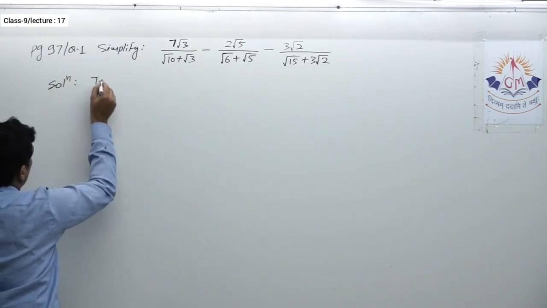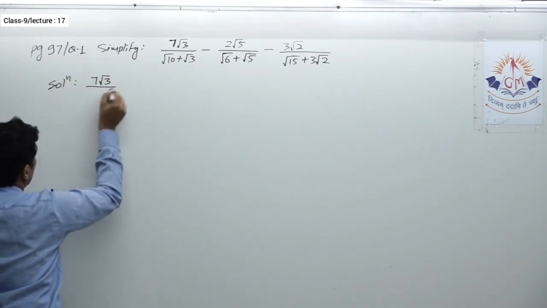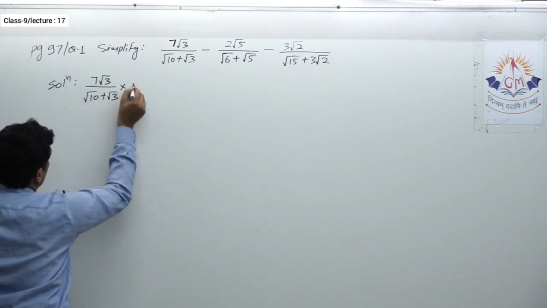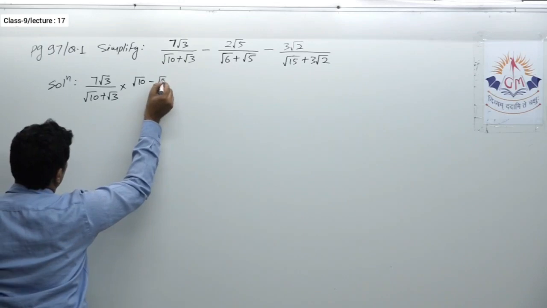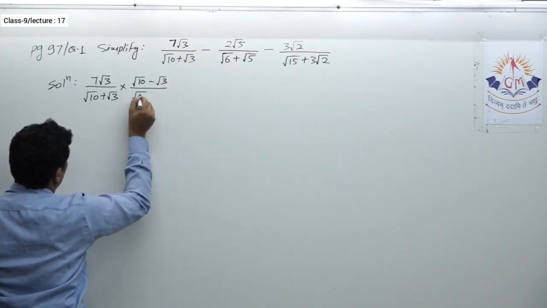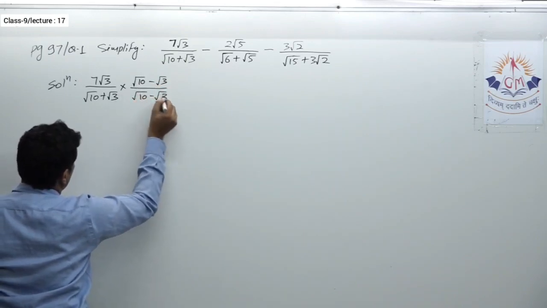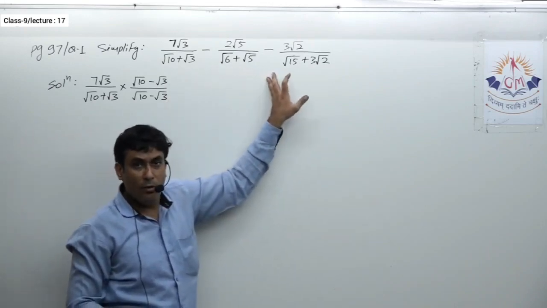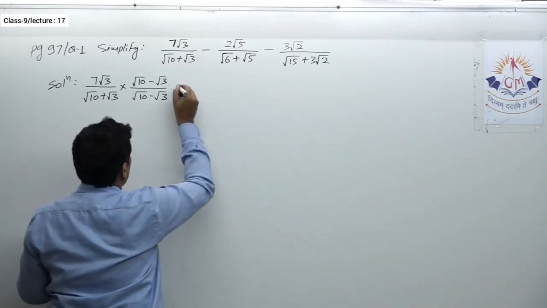So 7 root 3 upon root 10 plus root 3 multiplied by root 10 minus root 3 upon root 10 minus root 3. So here simply I have to rationalize all three terms.